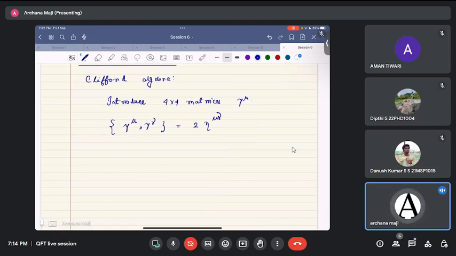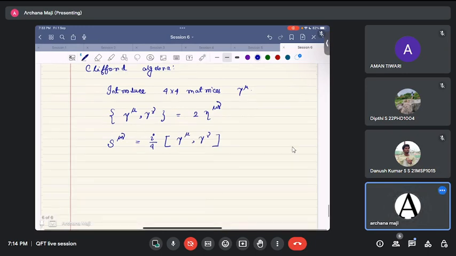And the claim is that if we take the commutation relation between this gamma mu and gamma nu, whatever we get satisfies that Lorentz Lie algebra.